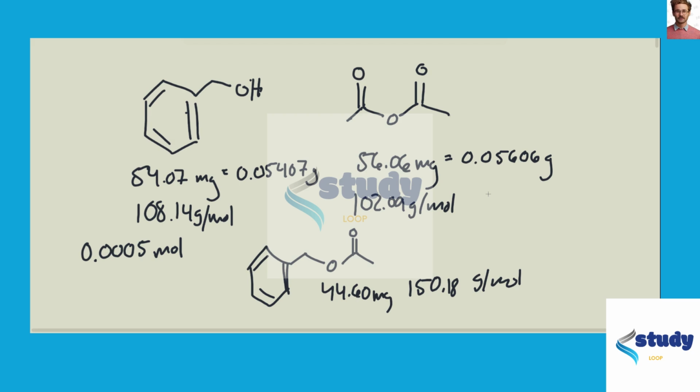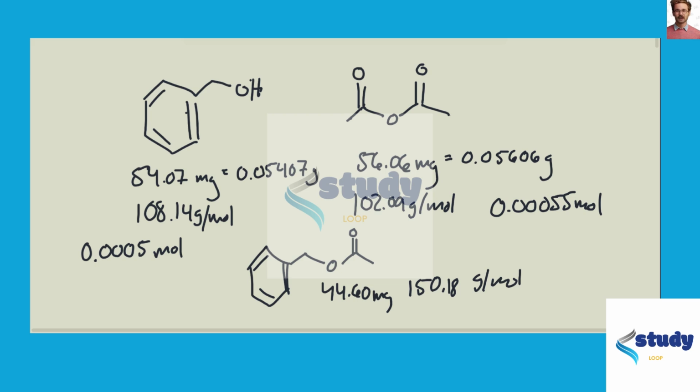And for the acetic anhydride, 0.05606 divided by 102.09, I get 0.00055 moles. So if the reaction is 1 to 1, this is our limiting reagent. Great.